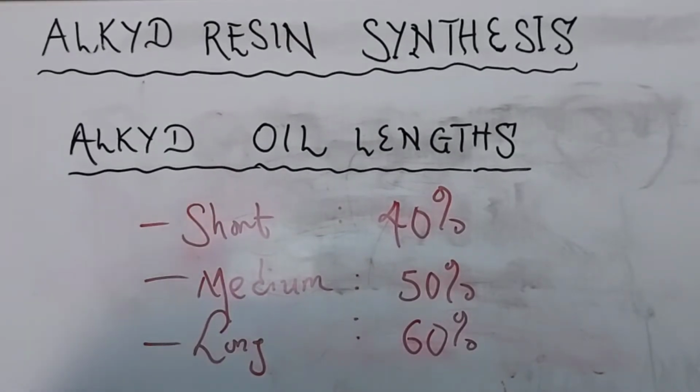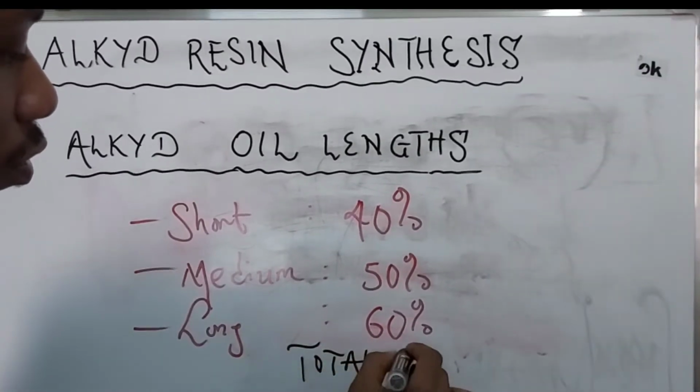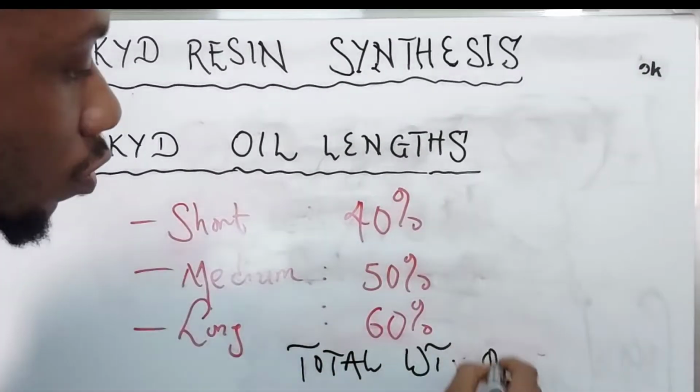And the next thing is to know the actual weight in grams of the resin itself, the total weight in gram of resin you're going to produce. You should also bear that in mind. Total weight of resin.